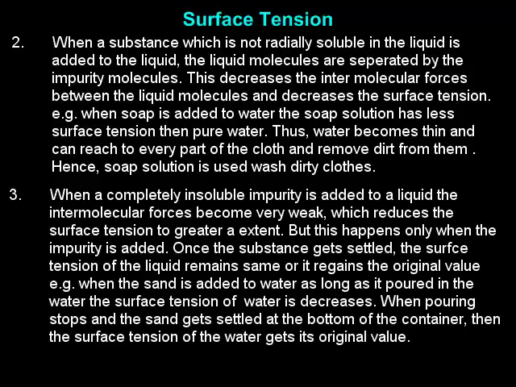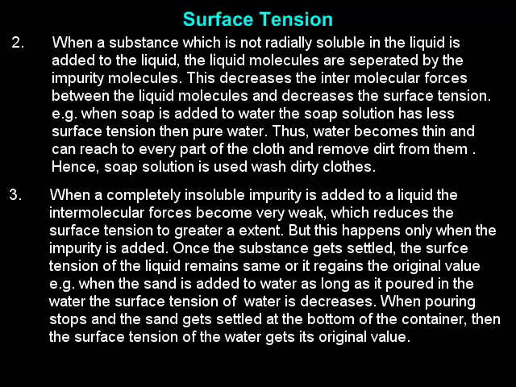When a completely insoluble impurity is added to a liquid, the intermolecular forces become very weak, which reduces the surface tension to a greater extent. But this happens only while the impurity is being added. Once the substance gets settled, the surface tension of the liquid remains the same or regains the original value.